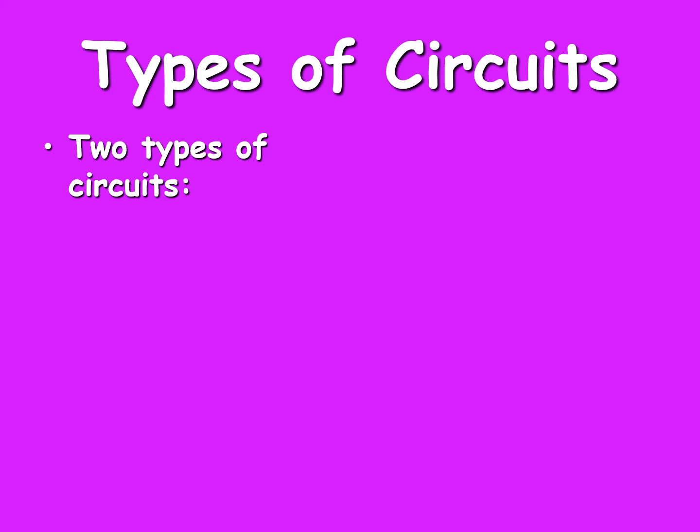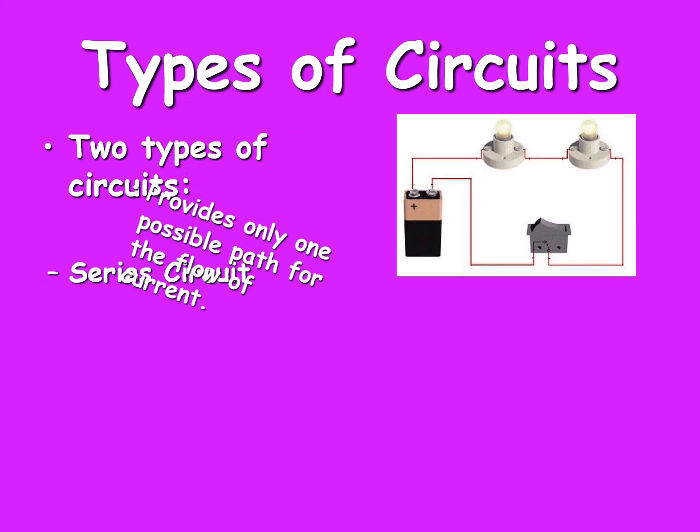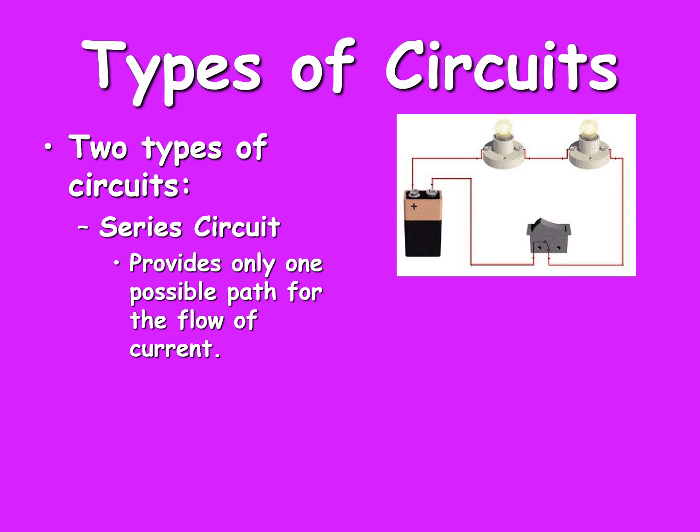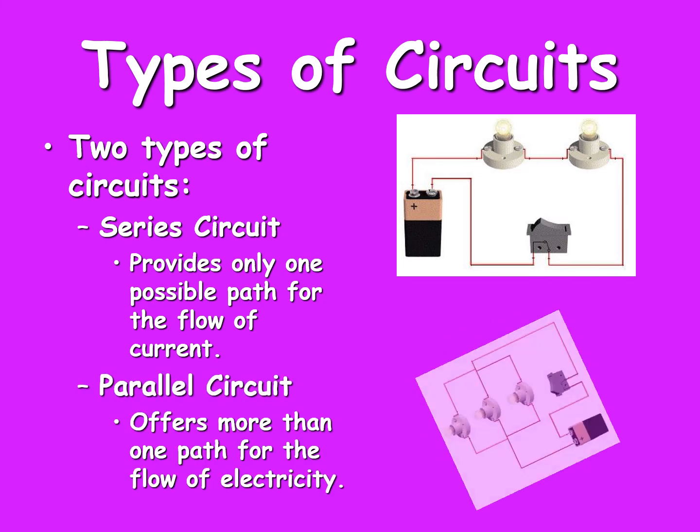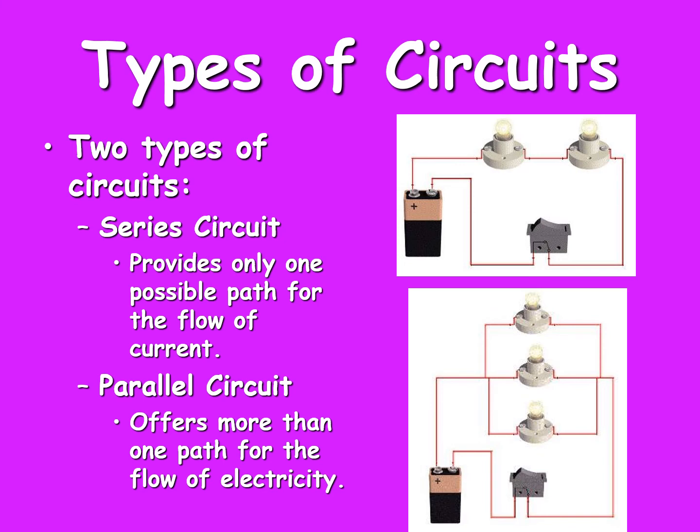Types of circuits: there are two types. The series circuit provides only one possible path for the flow of current. We also have the parallel circuit, which offers more than one path for the flow of electricity. These are the illustrations here at the right side.